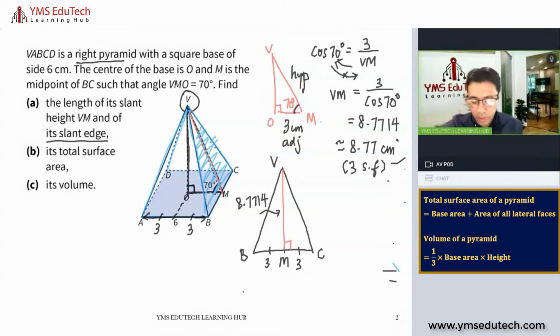Therefore, if you like to find the length VC, you will take the right angle triangle here. Using Pythagoras theorem, VC equals to the square root of the sum of the squares of the other two sides.